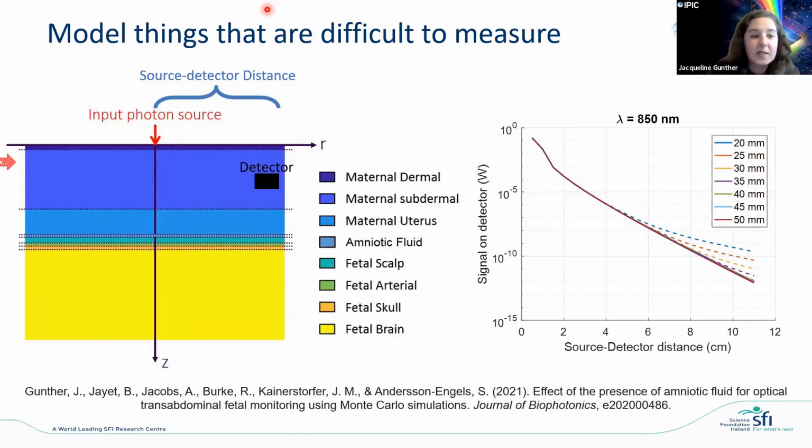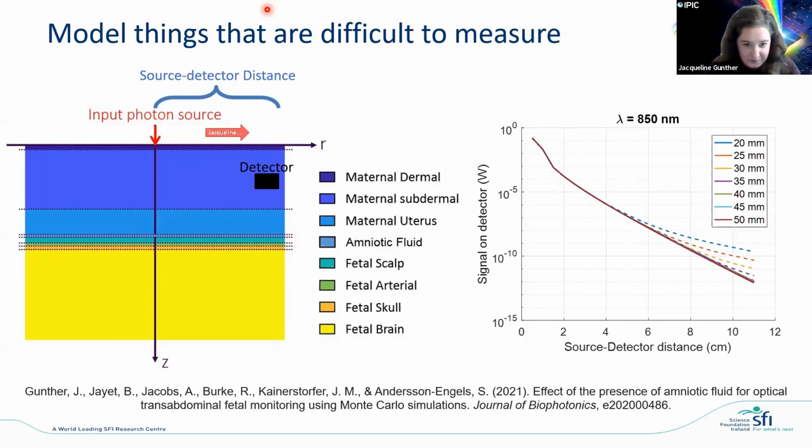We have a couple of layers that represent the mother, and then a couple of layers down here that represent the fetus. Now you can imagine that this is quite difficult to measure in real life. Not only that, but what we wanted to do was change how deep the fetus was within the mother and see what sort of result you would get on the detector, which belongs up here, not down there.